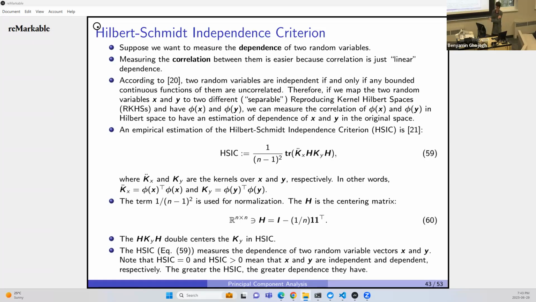So what is HSIC, or the Hilbert-Schmidt independence criterion? By its name, guys, listen: Hilbert and Schmidt. Of course, it must be theoretical, right? Because both Hilbert and Schmidt were mathematicians in functional analysis, one of the hardest parts of mathematics.